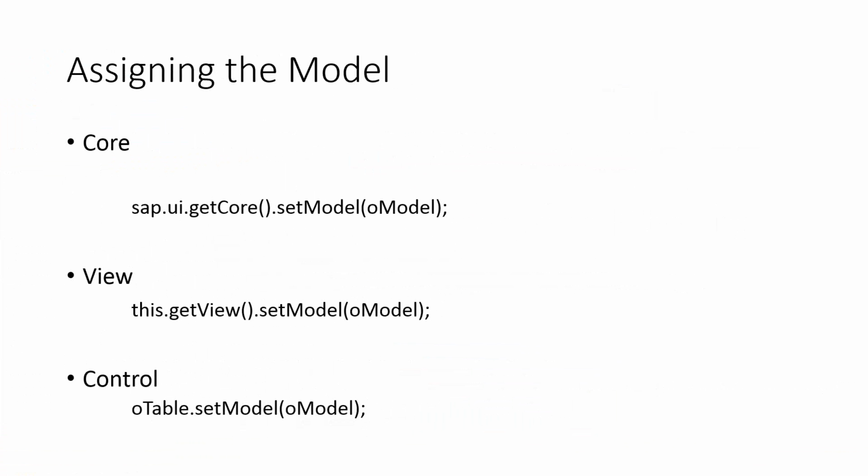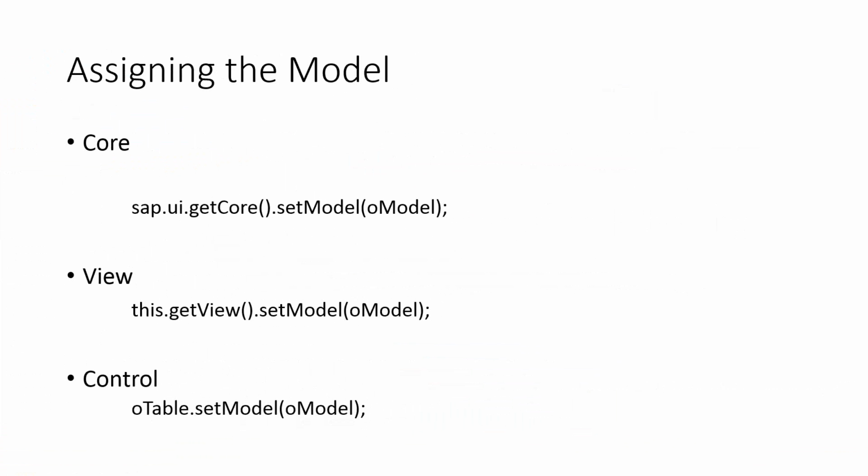You know that you can get the reference of the core using the method sap.ui.getCore, and setModel is the method used to set the model to the particular place you want. Or you have created your model in the controller, and from the controller you can set it to the respective view so that the elements inside that view will be able to access it.